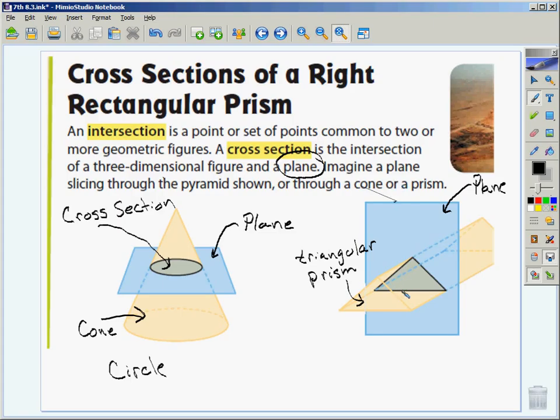Plane. And the cross-section, again, is what we're identifying. And what is the cross-section? It is a triangle. Are there questions so far about what we're doing? Everybody think pretty easy so far?